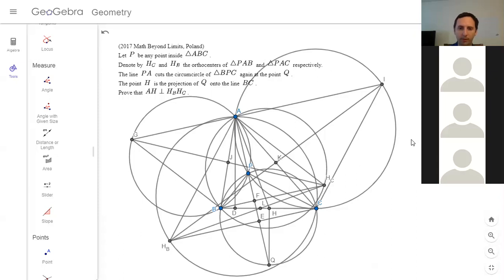So yeah, how would we? So first I could try to show angle AHQ is equal to angle HBLC. It's tricky.